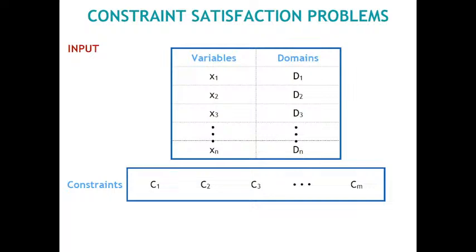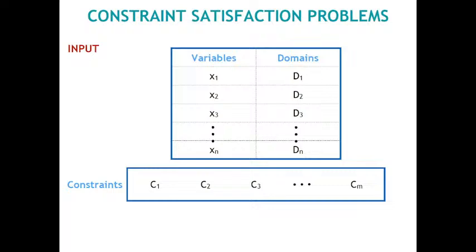A typical instance of a constraint satisfaction problem has a finite set of variables, say x1, x2 up to xn, and each variable comes with a domain. This domain could be finite or infinite in its full generality. So we have domain di associated with the variable xi, and we have finitely many constraints.